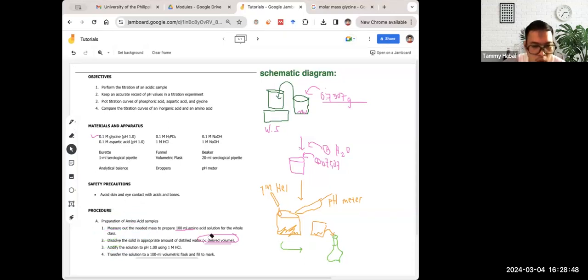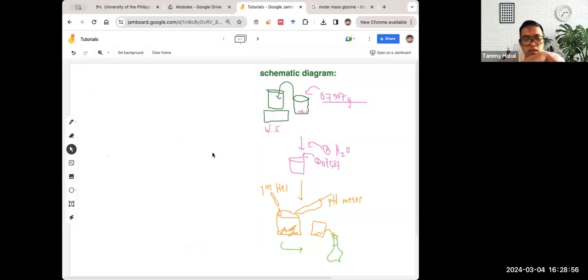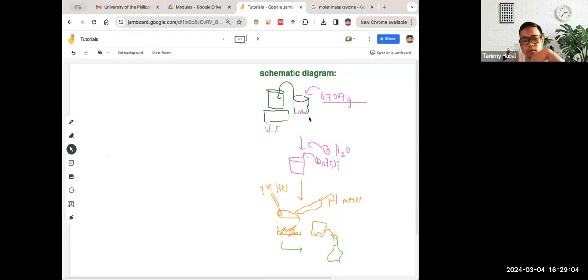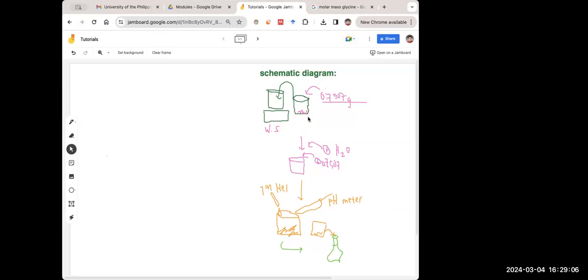Do you understand now what's happening here? Okay, we'll go through it again. We needed to weigh a sample of glycine.